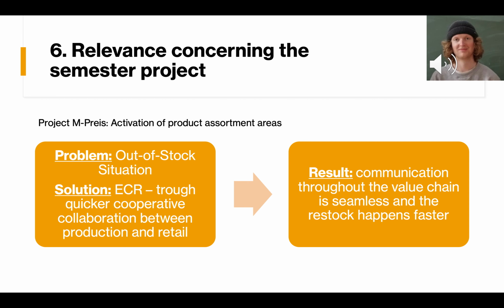Generally, the communication throughout the whole value chain should be seamless, as the retailing business is highly competitive and a fast response to the market movements can set you ahead of the competition. This is especially important to a retailer like Empreis, as they are one of the most exclusive stores in the market, and the consumers justify paying a higher price for services, like always having a fully stocked store.